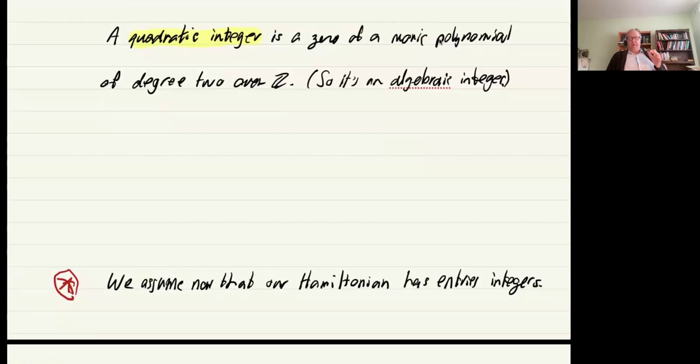Now, since the Hamiltonian is integer, the idempotents will be real, and we use the fact that the idempotents are real to get periodicity at some points. But the point is that the Hamiltonian could be the adjacency matrix, or the Laplacian, or the signless Laplacian, or various other weightings, so long as the entries are integers.